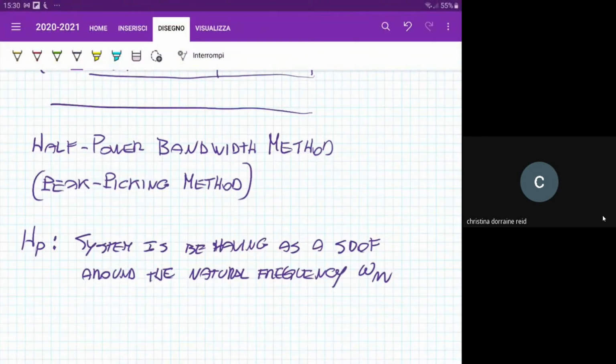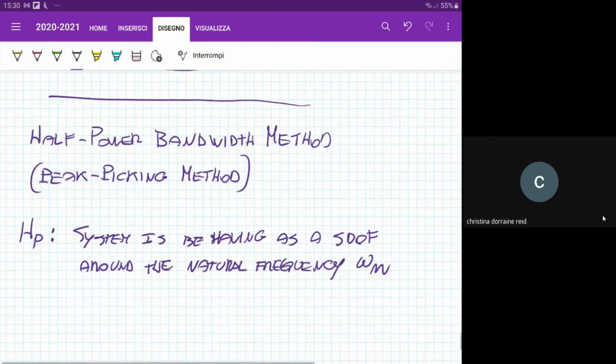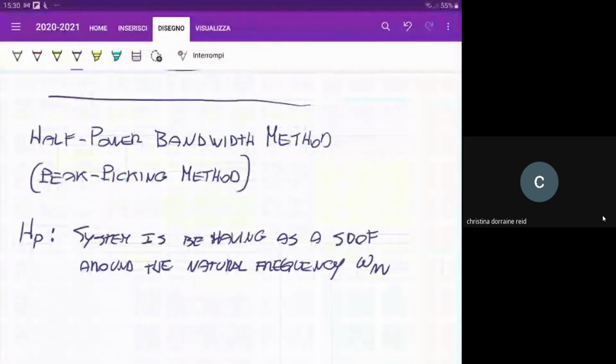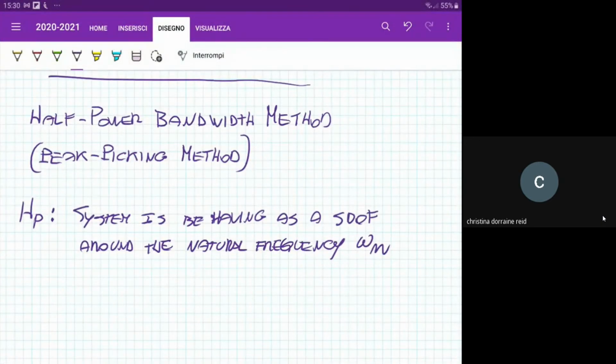And therefore, we can view the overall system as the composition of several harmonic oscillators, each one located at each natural frequency. Okay, so we are assuming that the system is behaving as a single degree of freedom system around the natural frequency. Full stop. Not in the space domain, just in the modal domain. And of course we are assuming that we are acting in the frequency domain.